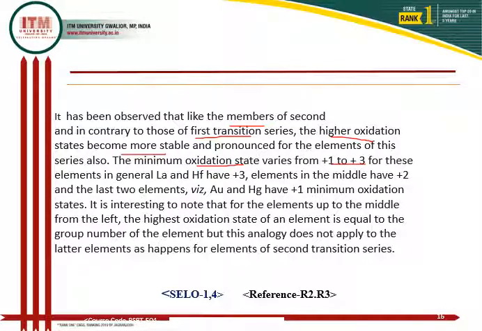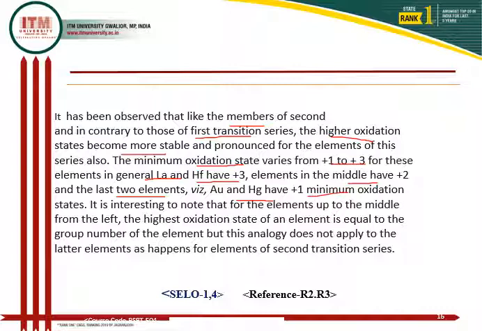If we talk about the third transition series, lanthanum and hafnium have the minimum oxidation state +3, and as it goes to the middle they have +2 as the minimum, and the last two elements, gold and silver, have the minimum oxidation state of 1.